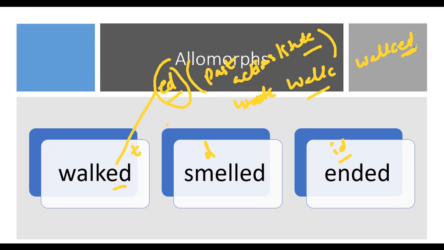Because it tells us about the grammatical change, or the change in the grammatical meaning. So this "ed" is an inflectional morph, and because this "ed" has got three sounds, "t", "d", "id", this is called an allomorph.